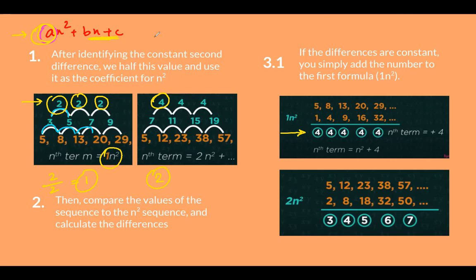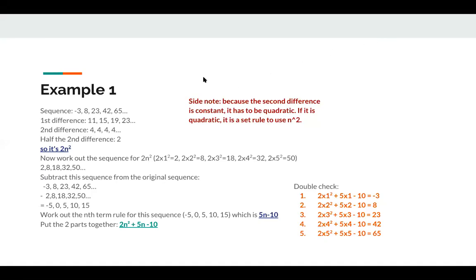Now let's see how we get the values of b and c, which is really interesting. Taking this example, negative 3, 8, 23, 42, and 65, the first difference is 11, 15, 19, and 23.